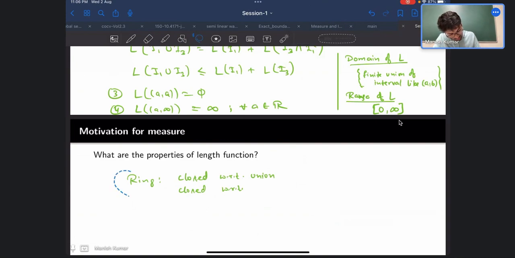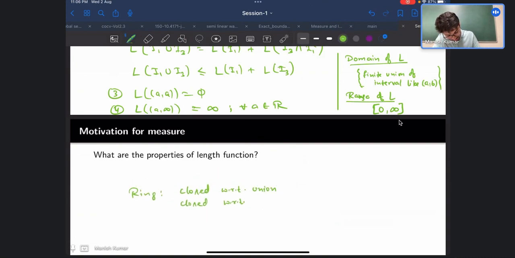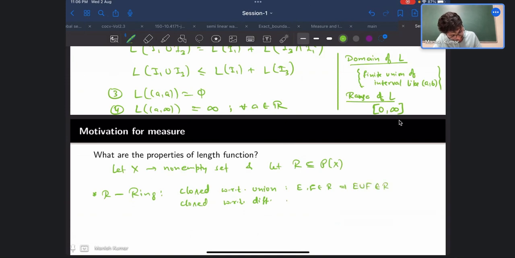Let me write it more precisely: suppose you have X, a non-empty set, and let R be any subset of the power set of X. Then R is a ring if it is closed with respect to union and with respect to difference. That means E, F belong to R implies E union F belongs to R, and E, F belong to R implies E minus F belongs to R, right?